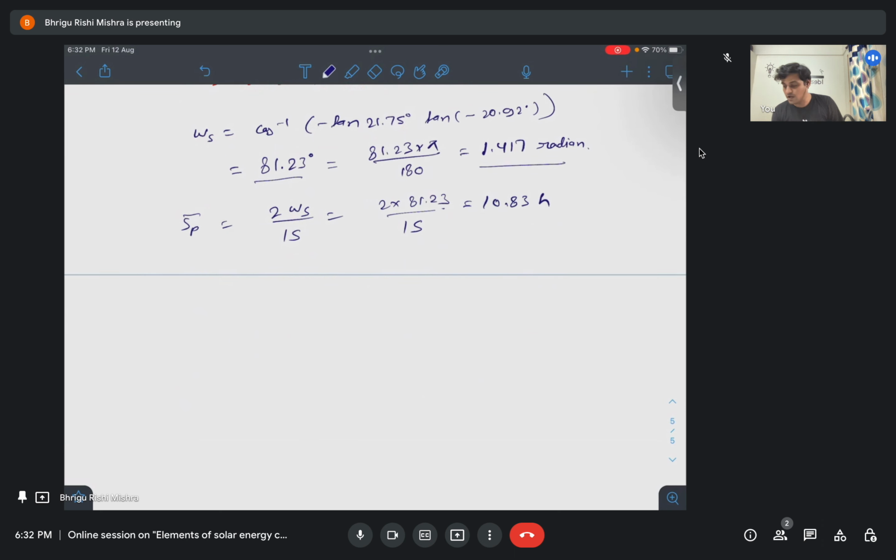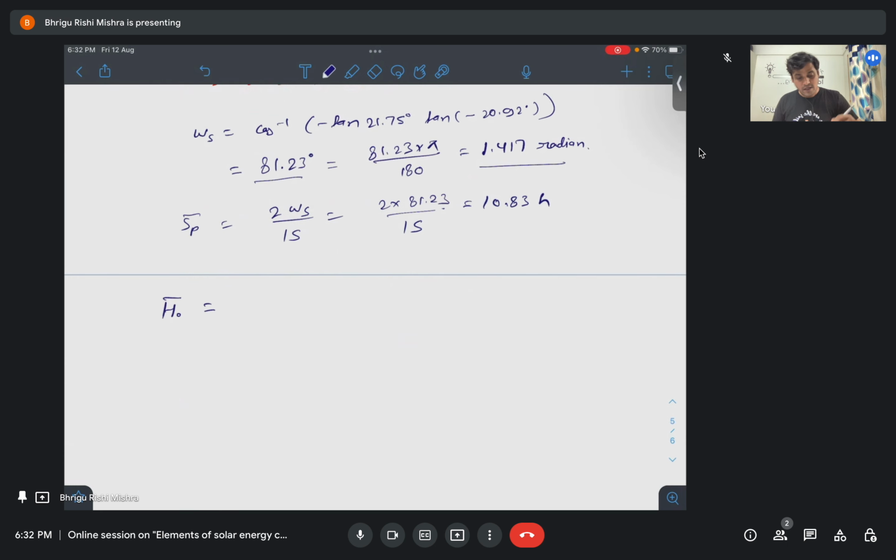Okay, so now we need to calculate H naught bar, that means the monthly average extraterrestrial radiation. So let's calculate first how to calculate H naught.